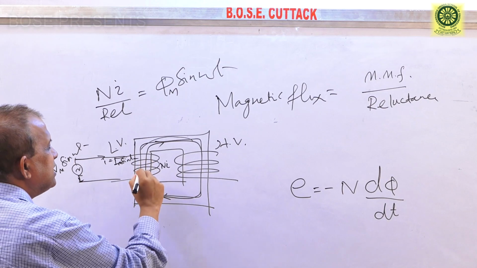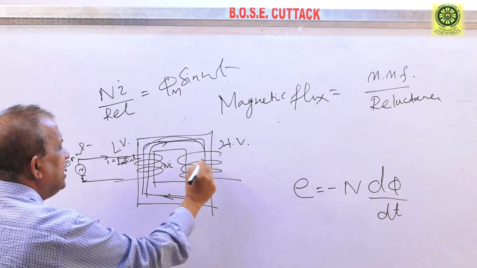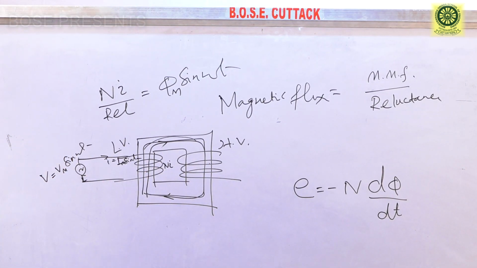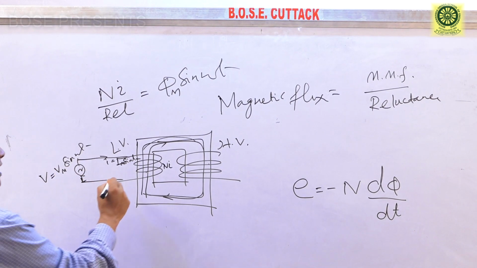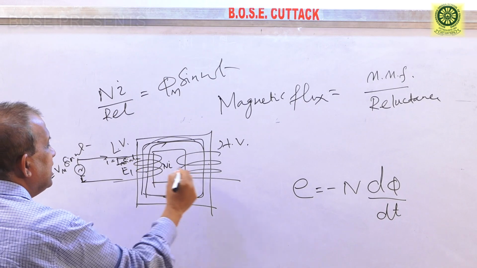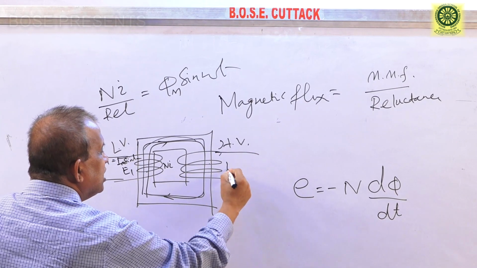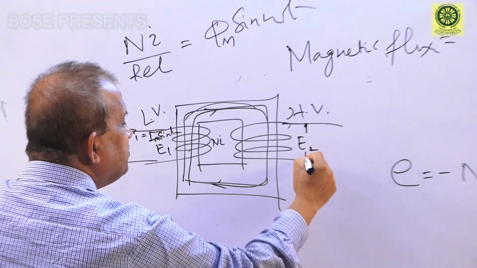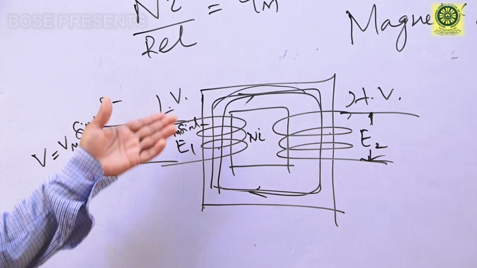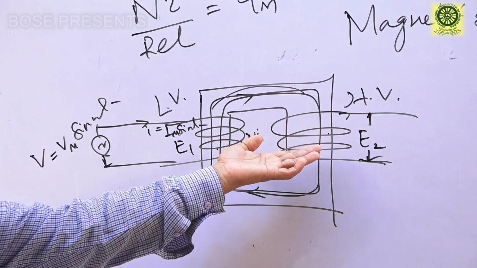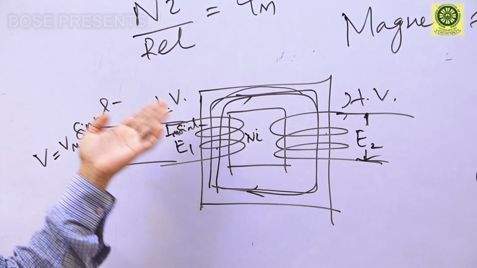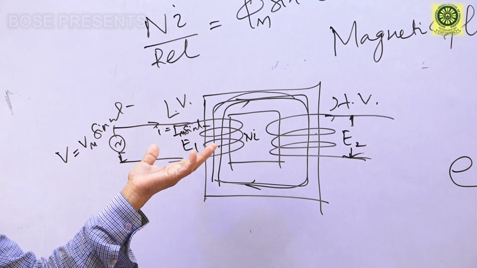This flux links both the primary and the secondary side, the LV and the HV side. Because of this, an EMF E1 is induced here, and another EMF is induced here. We can also say that this is a mutually induced EMF occurring in coil number 2. What is mutually induced EMF?